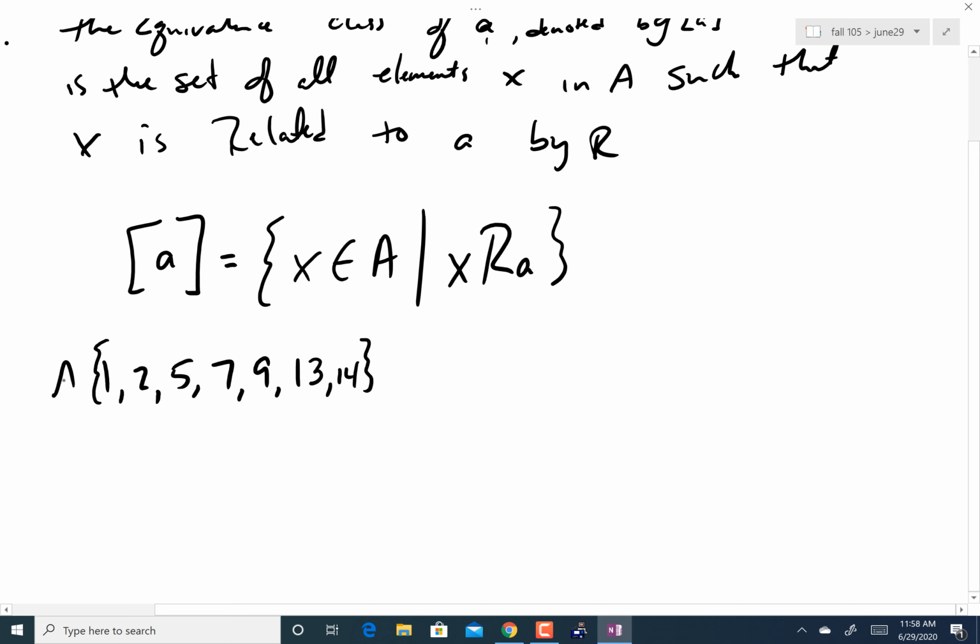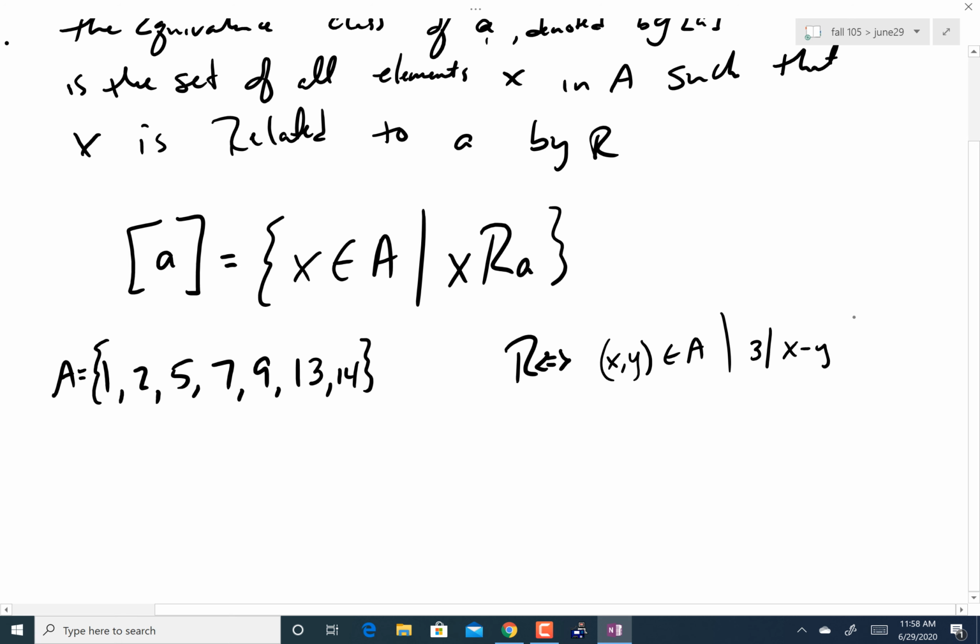There's my A. What I would like to know is, let's just say R is defined as the set of pairs (x, y) such that x and y are elements of A, and such that 3 divides x minus y.